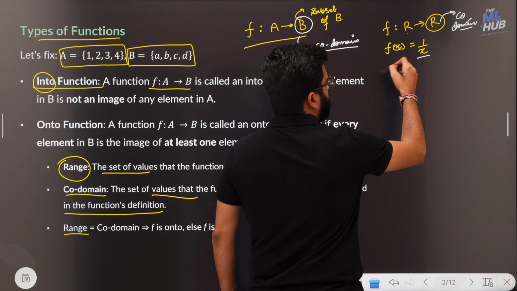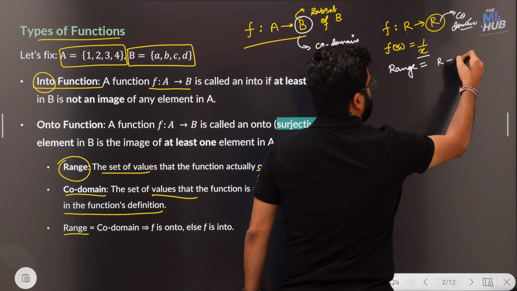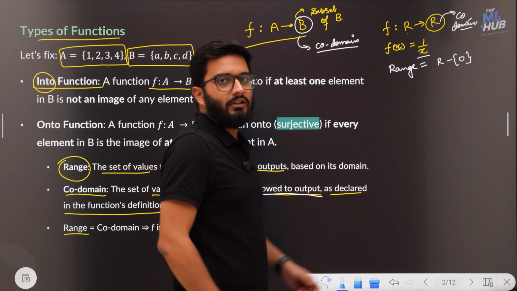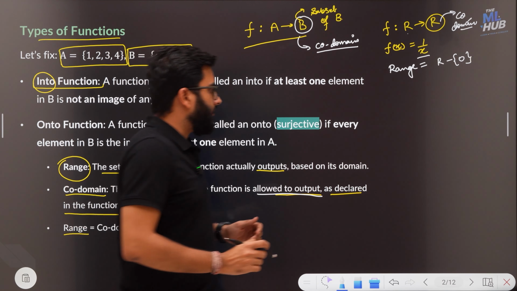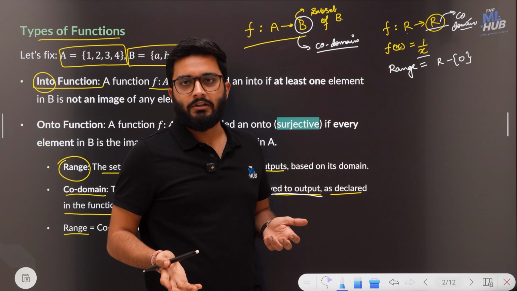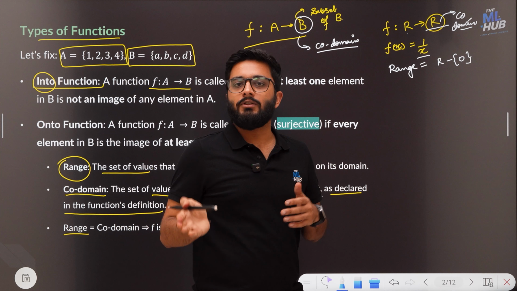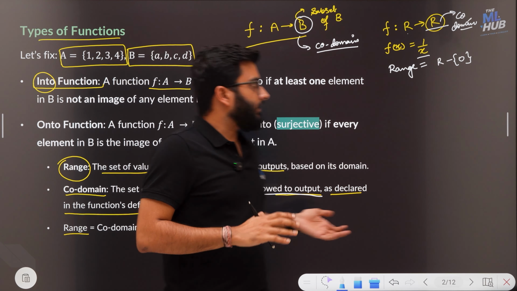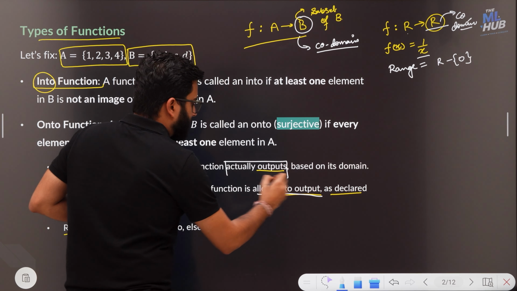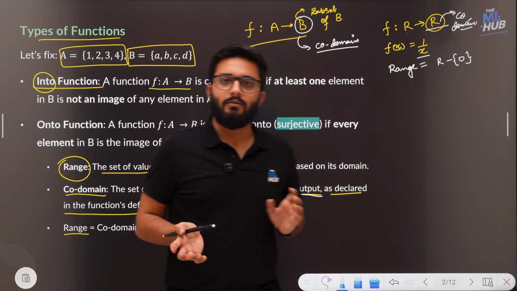Therefore the range will be R minus {0}. All real numbers except 0 will be part of the range. So range is not equal to codomain. Why? Because codomain represents all the values that are allowed in the output set, so all real numbers are allowed. But for y = 0, there is no corresponding mapping for x. Only the set of actual outputs is part of the range. This is the very basic difference between range and codomain.